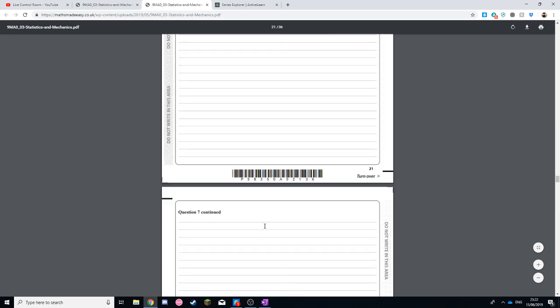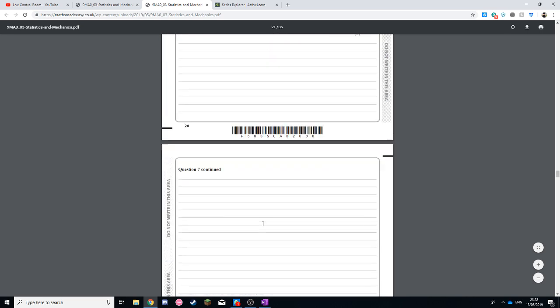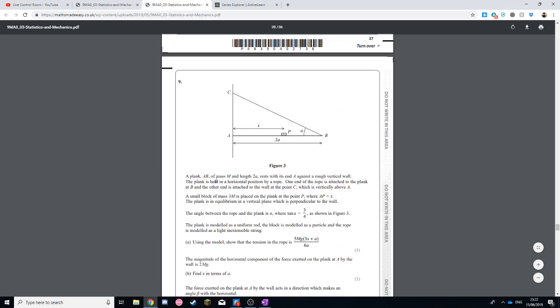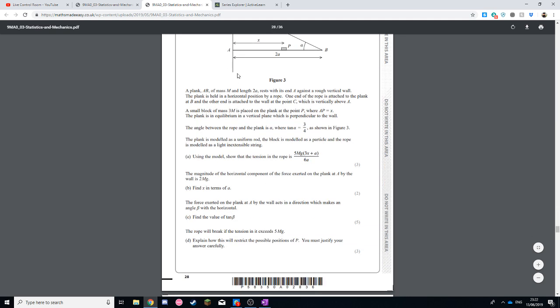Not this one. Not this one. This one is a hinge. I think it's a hinge. It's basically acting like a hinge. A rough vertical wall with a reaction force is also basically a hinge.